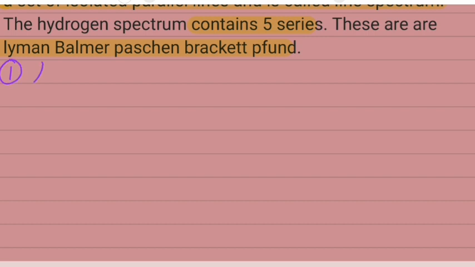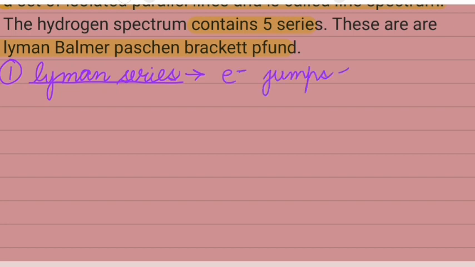When I first take Lyman series, what is the Lyman series? It is a series of the hydrogen spectrum only, where the electron jumps from n equal to 2, 3, 4 to infinity, the initial orbit, to the first orbit.